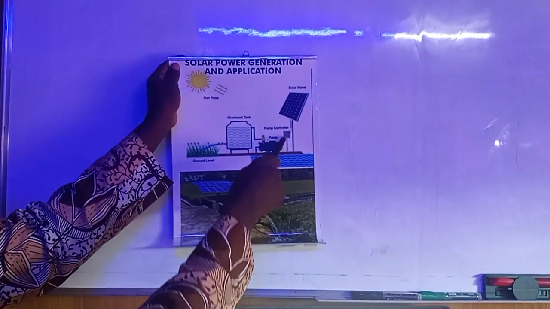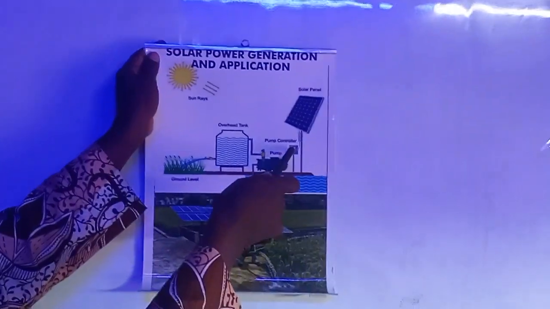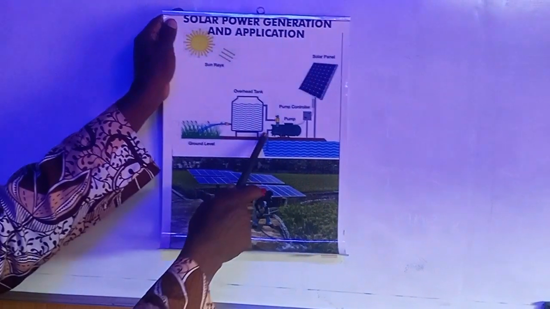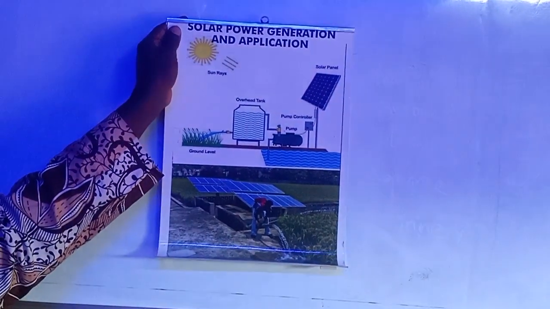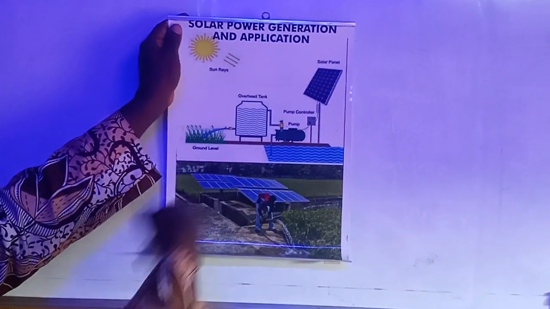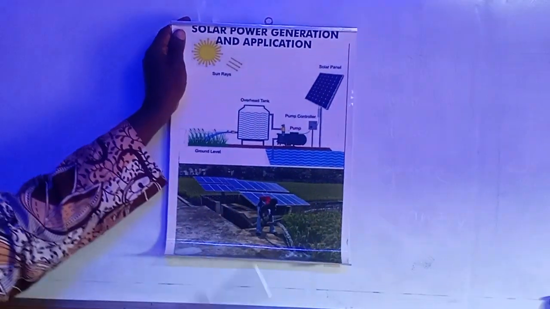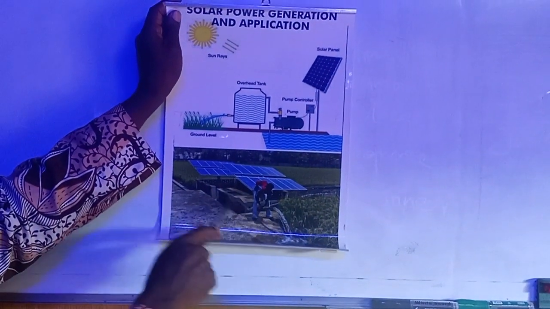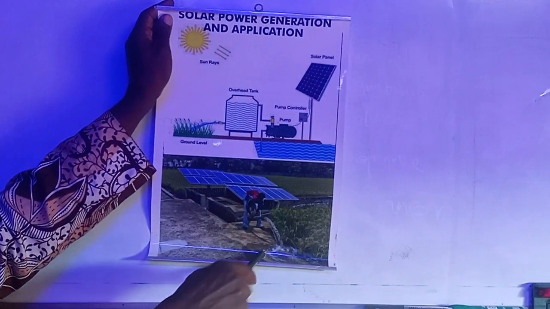From there, when required, this triggers off the pump, and the pump pumps water, brings it into the overhead tank or the reservoir, and from your reservoir you pour it to the ground level for your irrigation and so on, which is what is here. It's an irrigator doing his work.